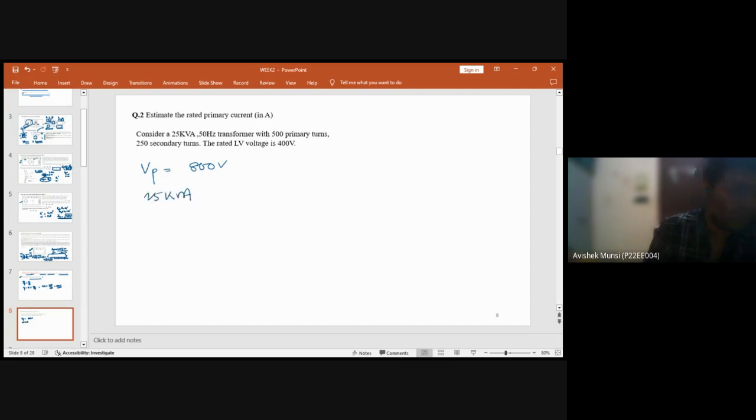This is our power, from which we can see that VP into IP is the kVA rating, so we can write IP as the kVA rating by our voltage VP.